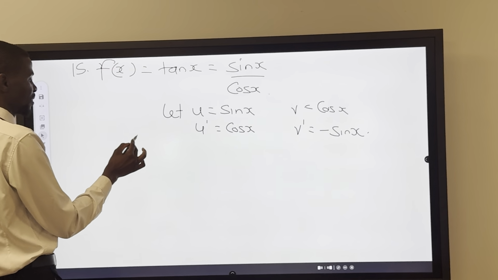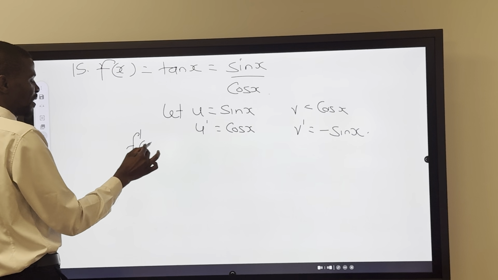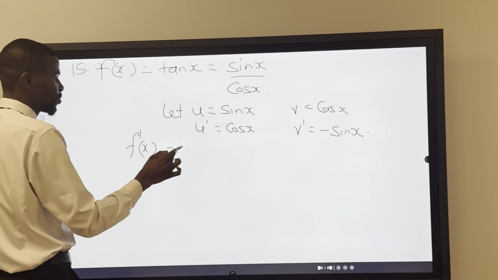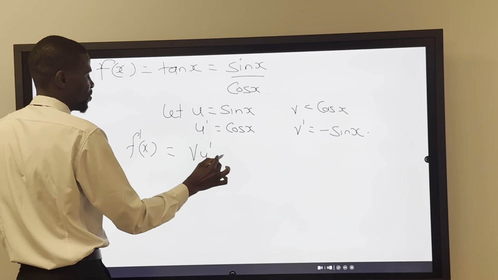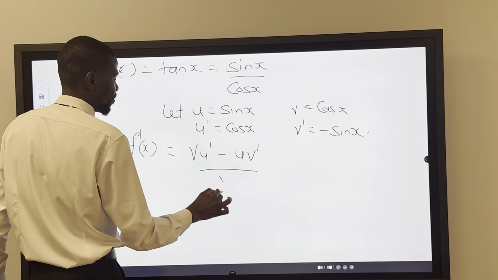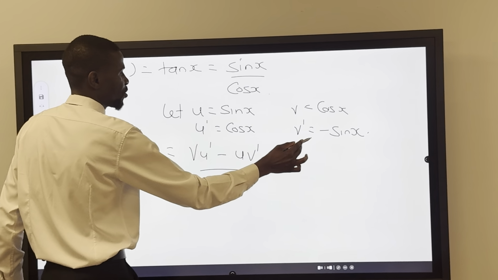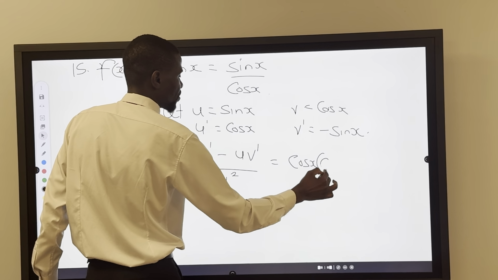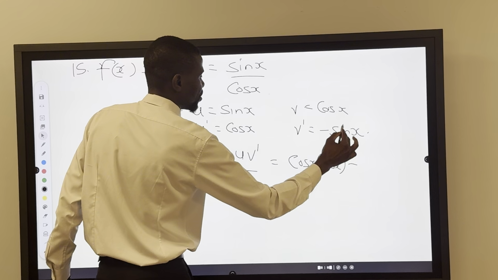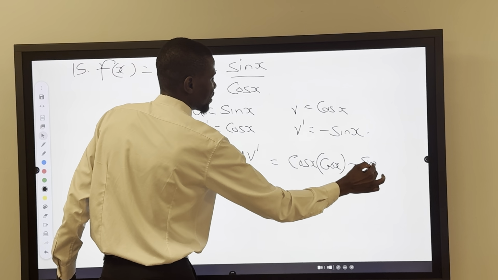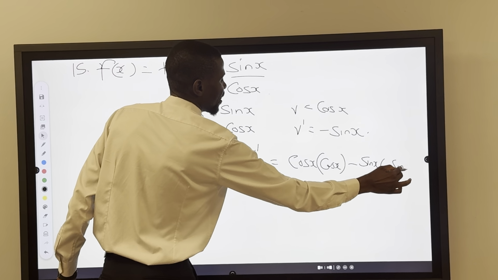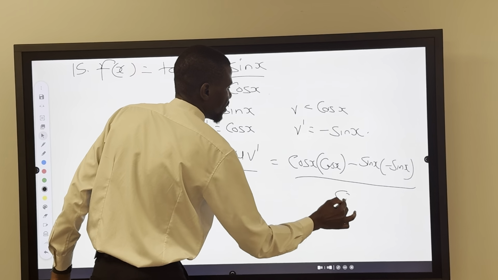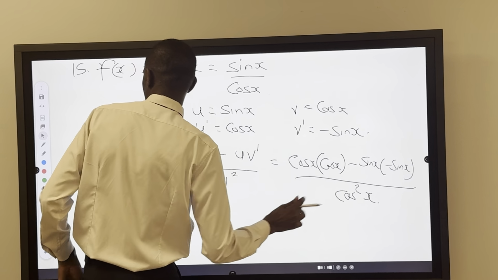So our first derivative, since it's the quotient rule, is v du minus u dv over v squared. So it's going to be v, which is cos x, times du, that's cos x, minus u, which is sine x, times negative sine x, over cos squared x.